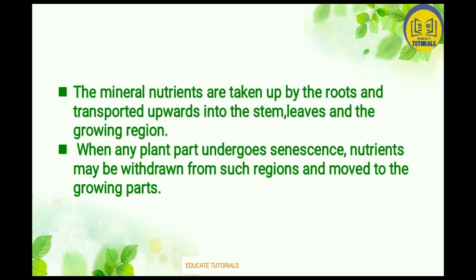When any part of a plant undergoes senescence, or you can say the level of nutrients decreases in that part, at that time the nutrients are withdrawn from those regions and moved to a growing part.